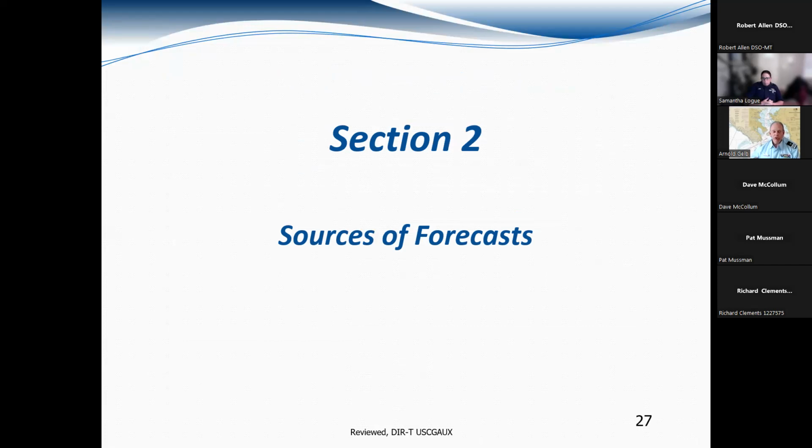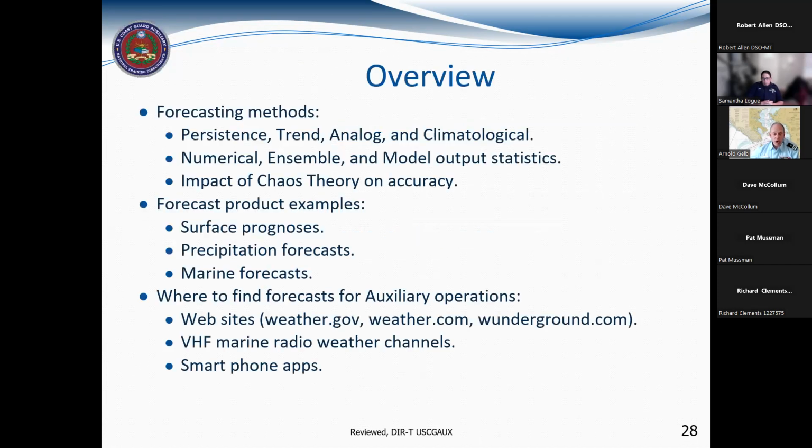Okay, now we're going to move on to section 2, which provides a basis of sources of forecasts. And we'll talk a little about forecasting methods, including persistence, trend, analog, and climatological.